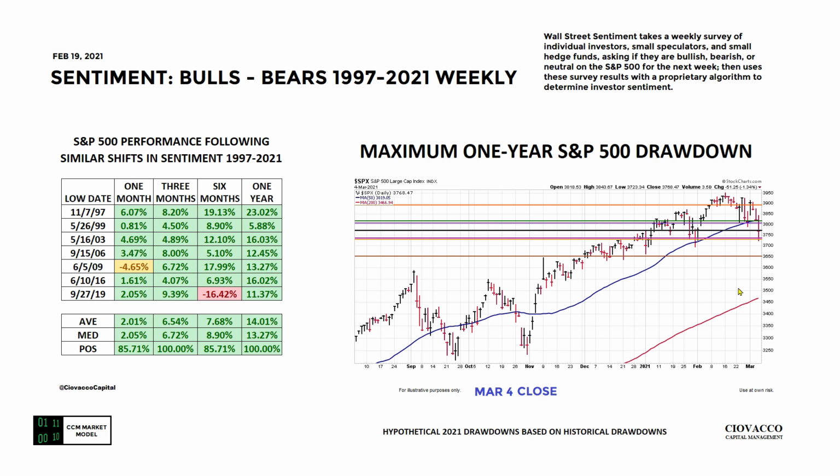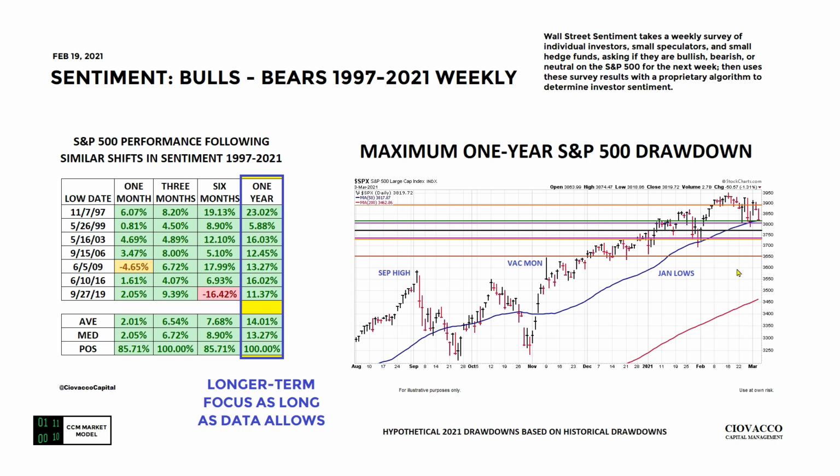If we drop into this area here, we'll learn something about bearish probabilities. So walking forward, we still have the January lows as a reference point, the Vaccine Monday high as a reference point, and the September high as a reference point. And these maximum one-year drawdowns align nicely with all of those levels of possible support. The recent shift in sentiment once again tells us to try to keep a longer-term focus here as long as the data allows.